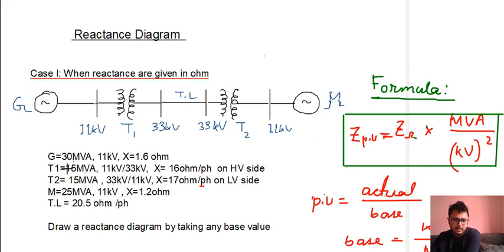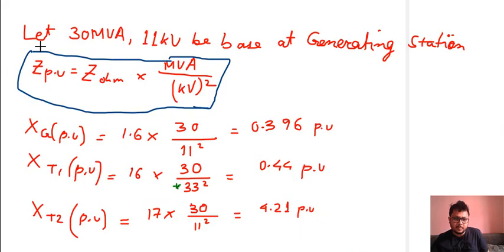Next comes the transmission line. The generator we have calculated, transformer 1 we have calculated, transformer 2 we have calculated. Next come the motor and the transmission line. First let me calculate the TL, that is the transmission line. Alright, let me take a new page.